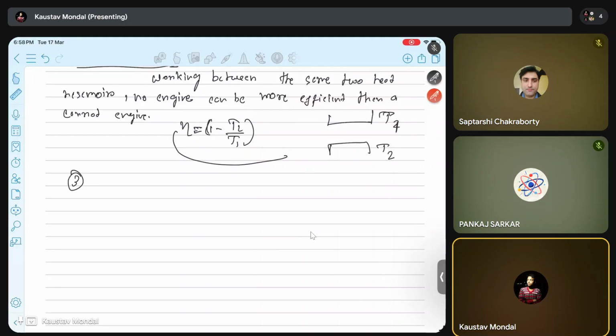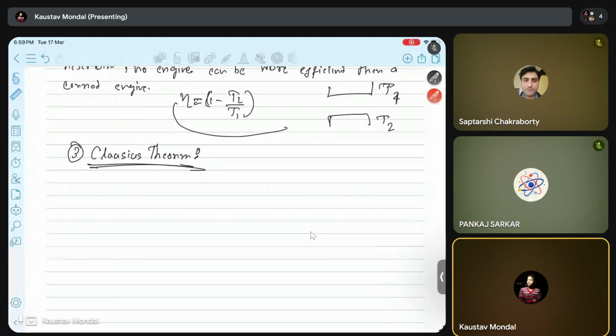Next is the Clausius theorem. The Clausius theorem states that for an irreversible engine, let's suppose there are two types of engine.